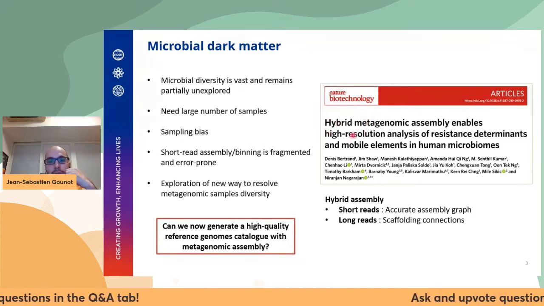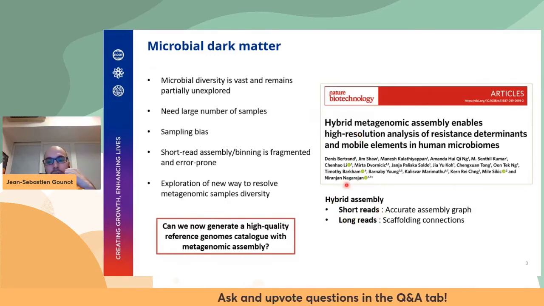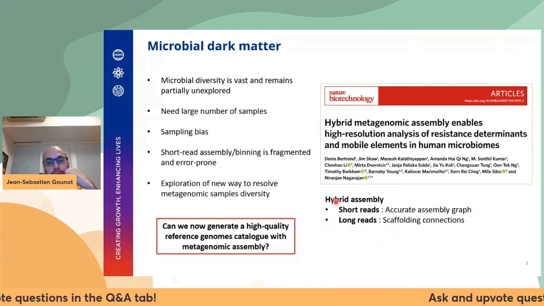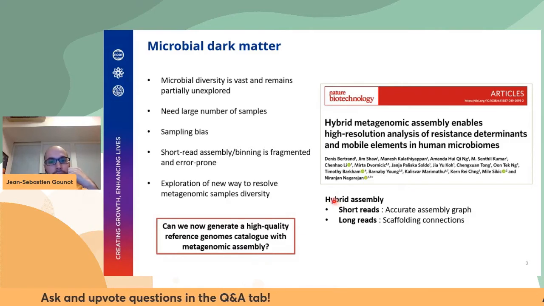It's software called OperaMS, and basically it uses the short reads to generate a high quality assembly in a regular way. After that, it uses long reads, ONT, to scaffold the different contigs you have based on the short reads. It does more than that, but I will not give more details in this presentation.